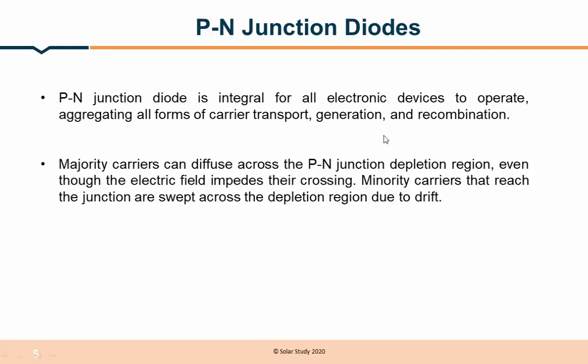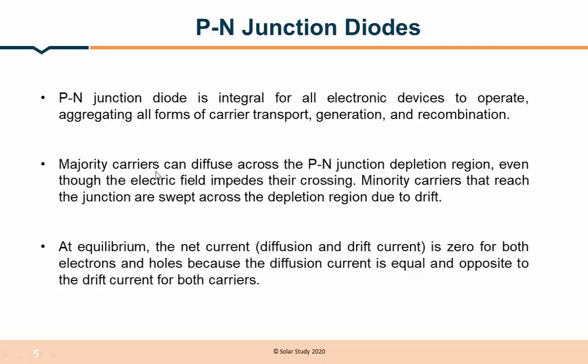It contains more holes on the p side and electrons on the n side. The majority carriers can diffuse across the pn junction that forms the depletion region. Even though the electric field impedes their crossing, minority carriers that reach the junction are swept across the depletion region. This is due to drift.